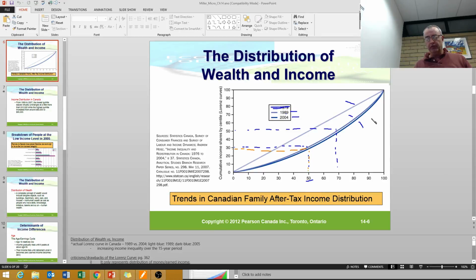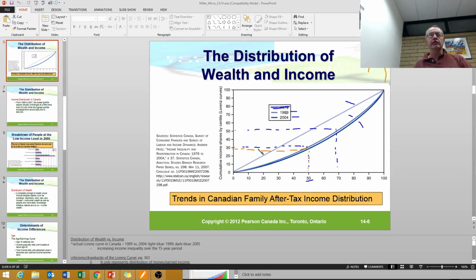So if we receive free health care, or free public education, or we produce products in our households, we make our own food, we do our own work and whatnot, the value of those things is not included in the Lorenz curve. So probably low-income people are better off than indicated by the Lorenz curve. So probably our society is not quite as skewed as the Lorenz curve represents.